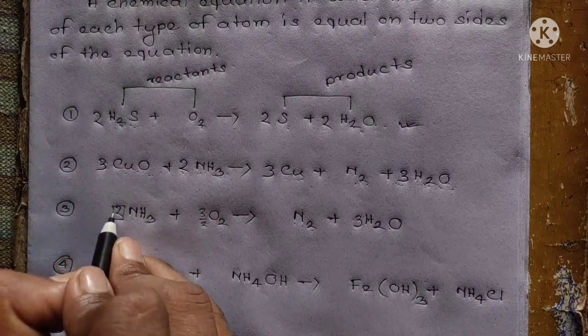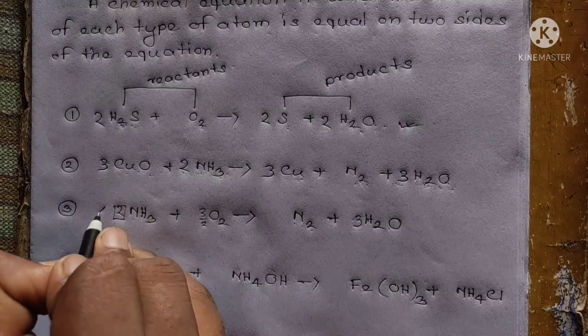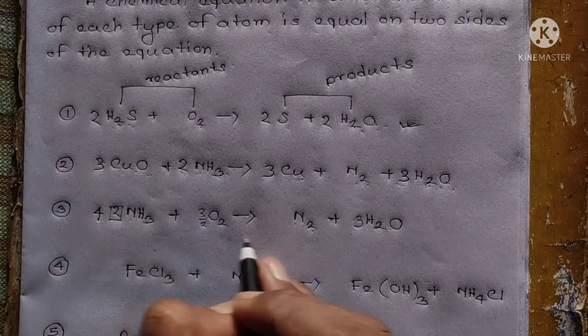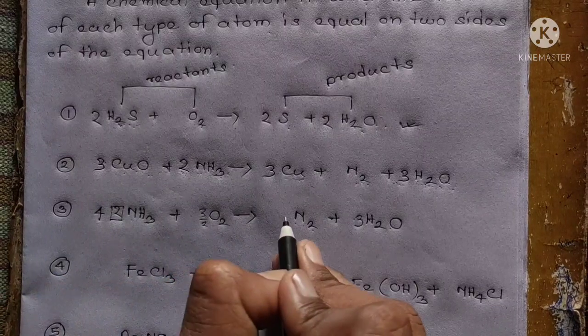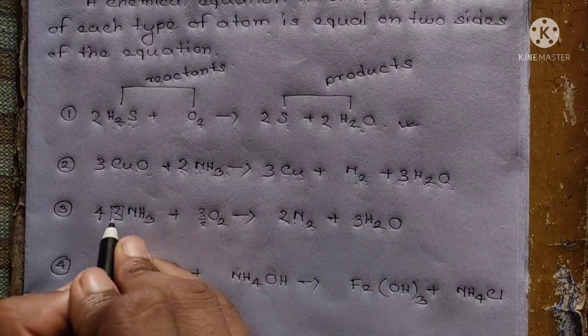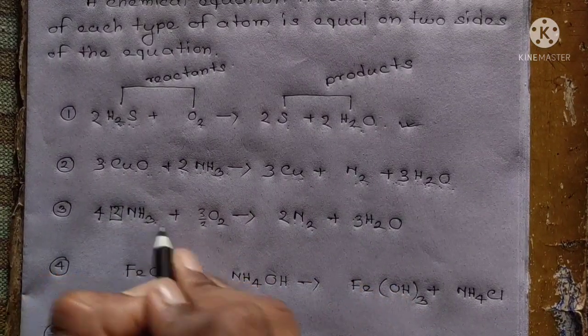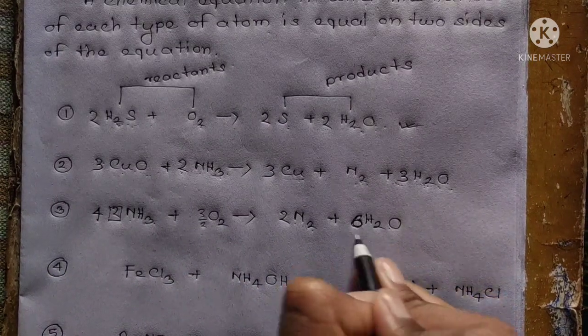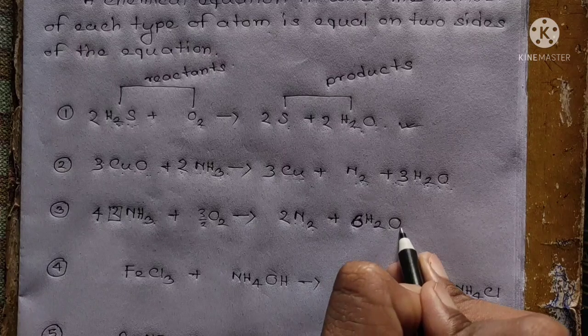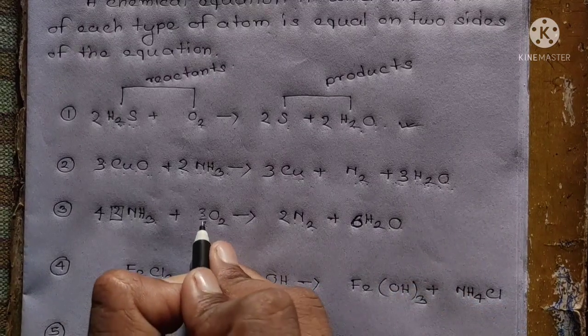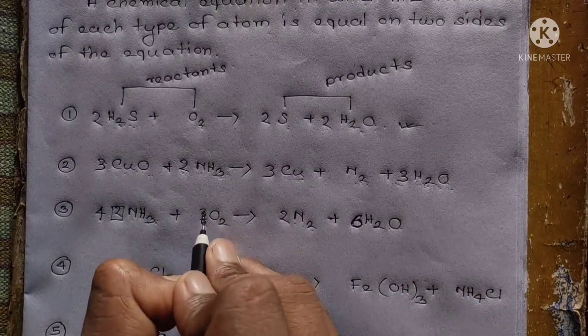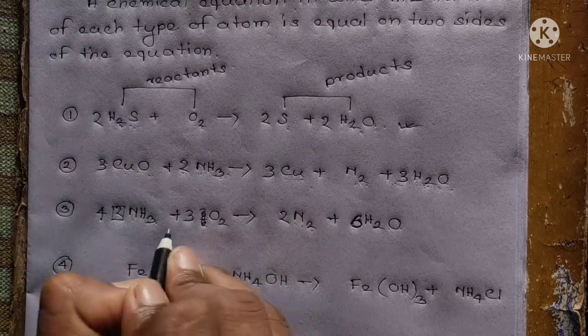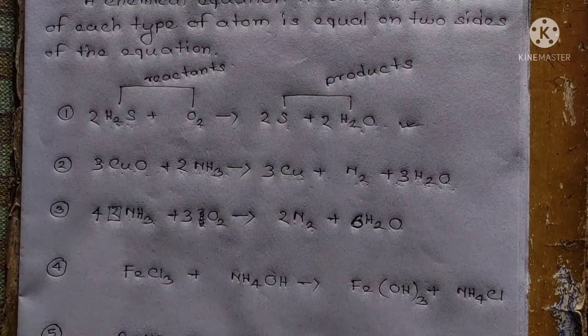Then 4 nitrogen means 2 N2, and 4 times 3 is 12 hydrogen, so it now becomes 6 H2O. Now 6 oxygen, so we multiply by 3 O2.